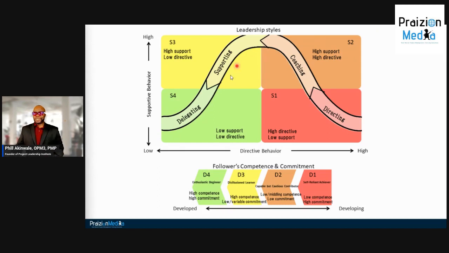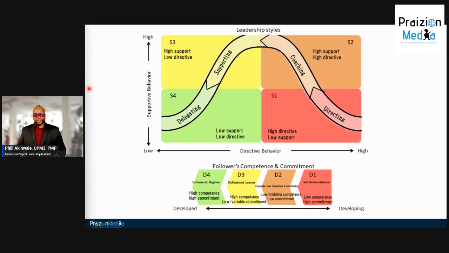This person doesn't need a whole lot of direction, as you can see, which is why they're here on the x-axis. But what they could do with is a whole lot of encouragement and a whole lot of support. That's the general idea. If the follower is regressing, for example, they are aware that they can effectively perform, but they've lost commitment in some instances.